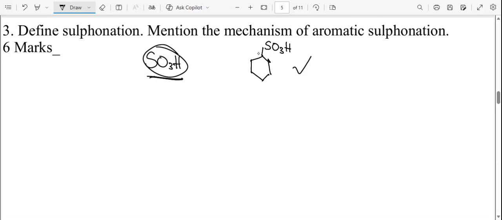So the process of making this is what we call sulfonation. So sulfonation is an electrophilic aromatic substitution reaction where we substitute, in which this sulfonic group is introduced into the ring using fuming acid or sulfuric acid. So that is it. Let me just demonstrate the mechanism.